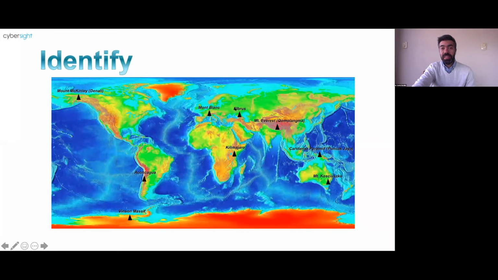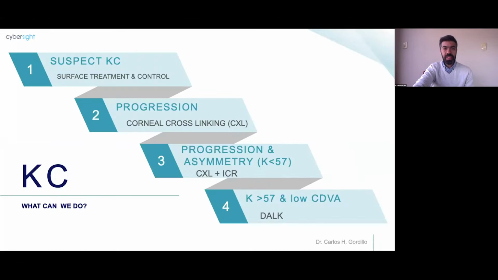As you can see, we have people from worldwide here, so you can check how high your country or your region is, and remember that as the cone. Once you identify the cone, you need to understand that the different keratometric values will be according to the evolution.